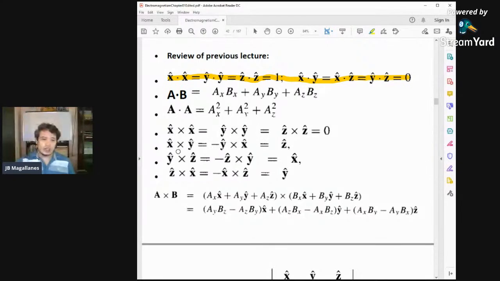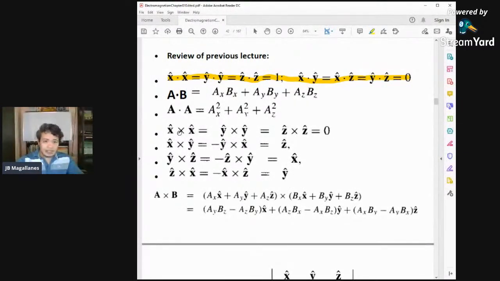And then we also had the cross product, the cross product of two unit vectors. The magnitude of the cross product is the product of the magnitudes of the two vectors times sine theta.